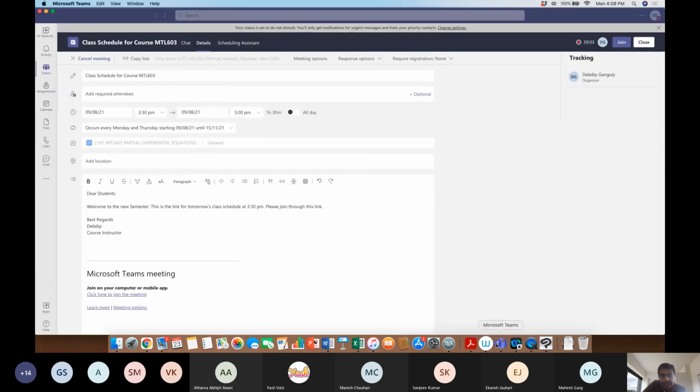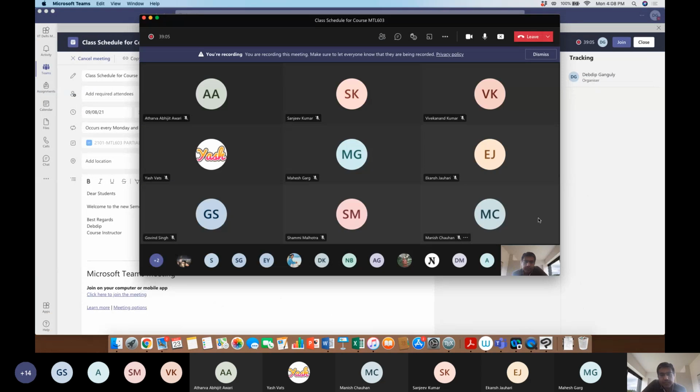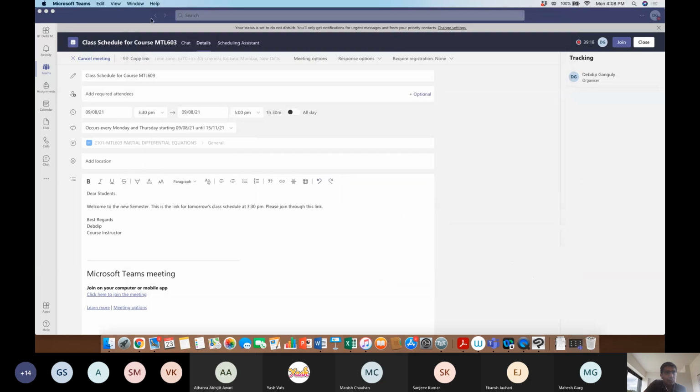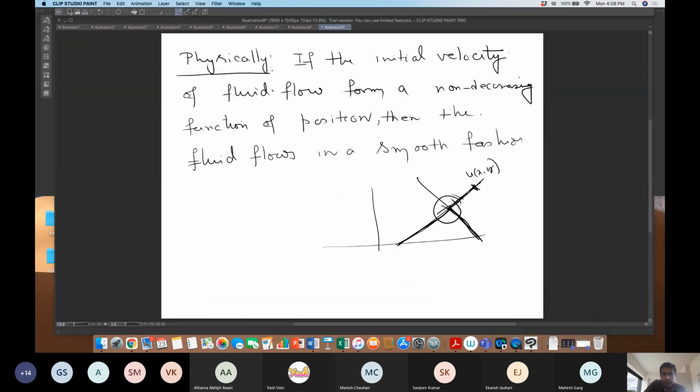Is it clear? I will give you many examples. Is it clear now, what is happening? Little bit clear? Yes, sir. You can come from here, but you stop here, then you can come along that line also, or along the other line also. So there is a problem here. This says that if the starting velocity is non-decreasing, then this type of phenomenon will not happen.